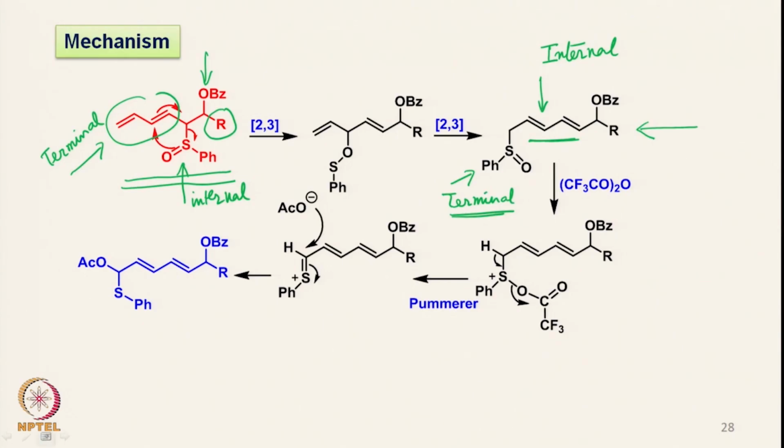Now if one looks at only this part, this particular part which I have encircled with blue pen, it is allyl sulfoxide. So that undergoes allyl sulfoxide sulfonate rearrangement to form this unit, which is now an allyl sulfonate ester.